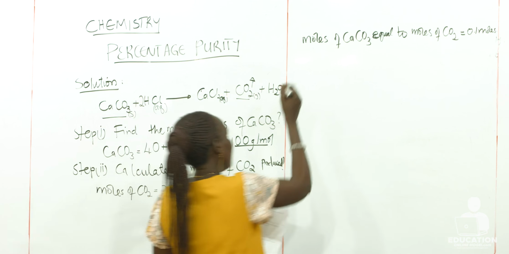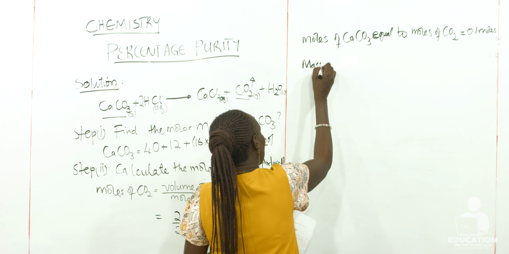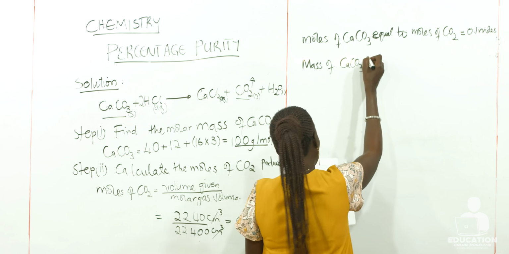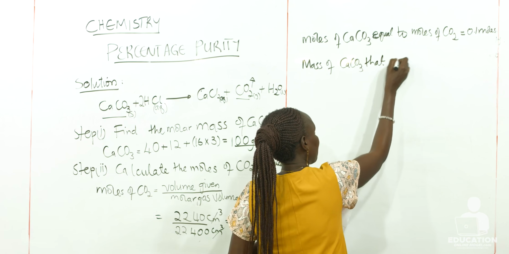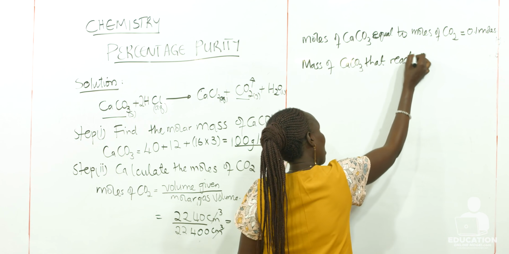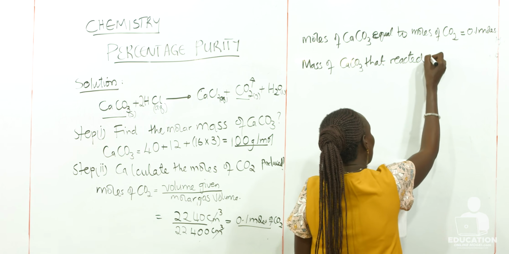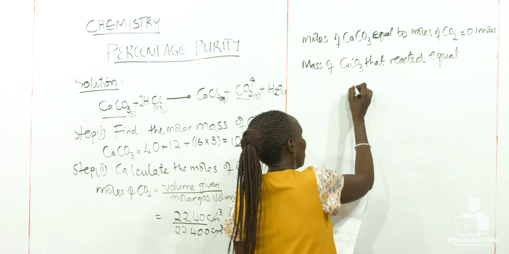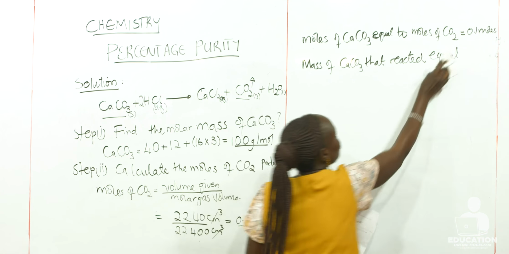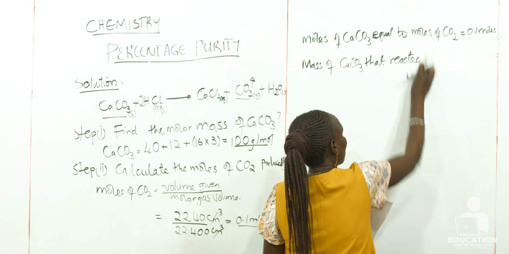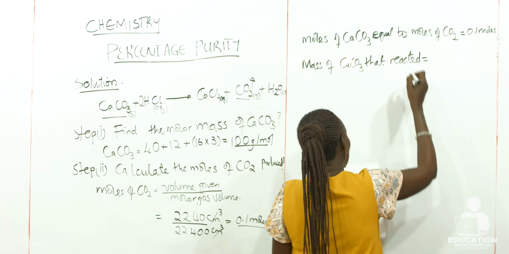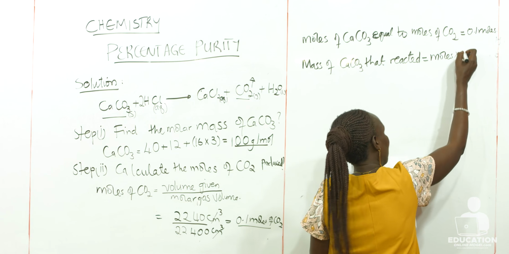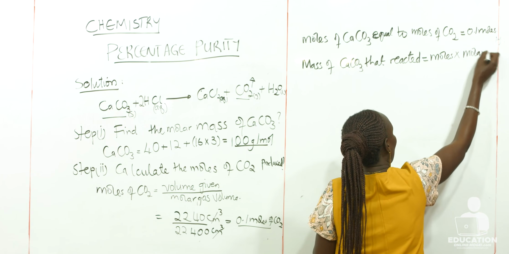The mass of calcium carbonate that reacted will be equal to the number of moles multiplied by the molar mass.